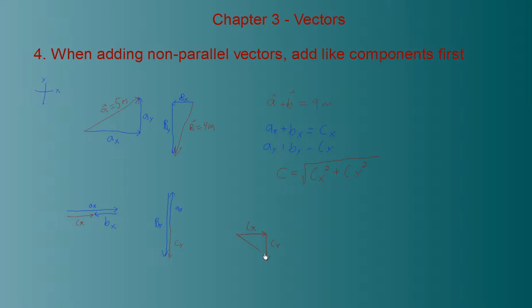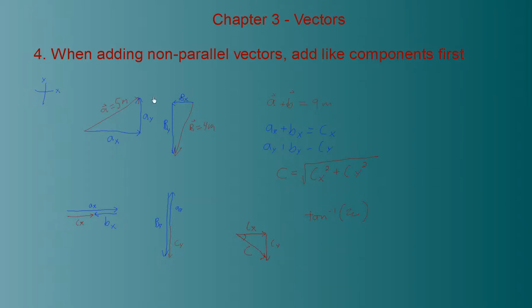And so the resultant is that C, it's the magnitude, it's the hypotenuse. So to find the length of this, we just do Pythagorean theorem, and then we could also do tangent stuff, inverse tangent of stuff, which I'll show an example from the book later. And we're good to go.